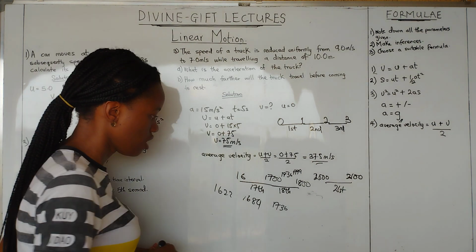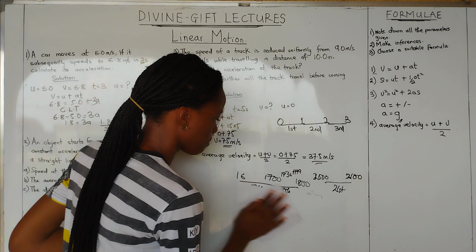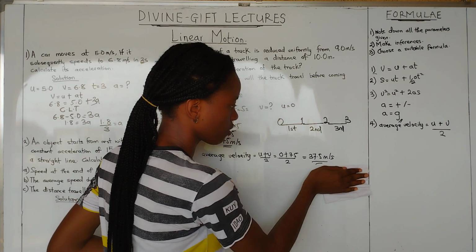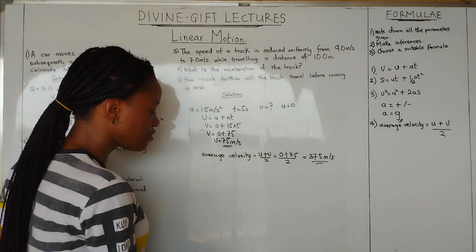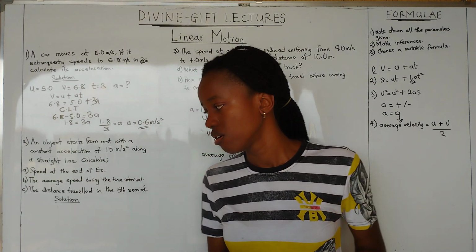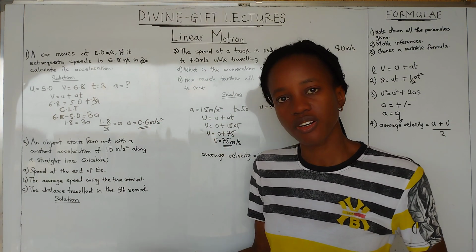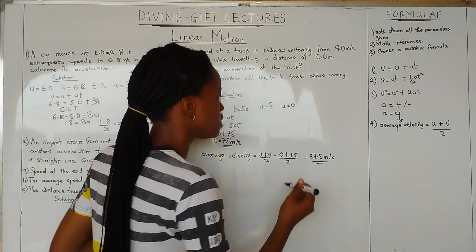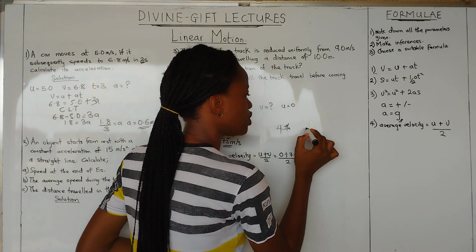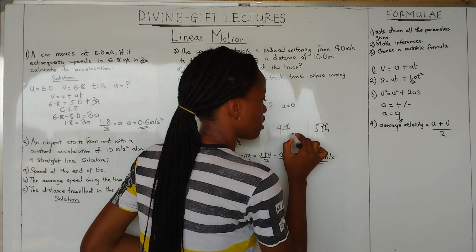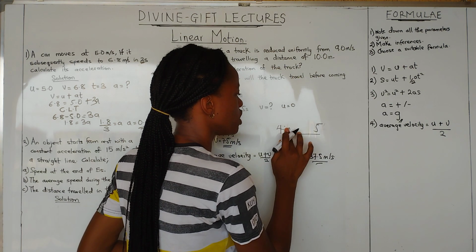So take note. Now, this also means that if they're asking for the distance traveled in the 5th second, it means that they are asking for the distance traveled in between just what?